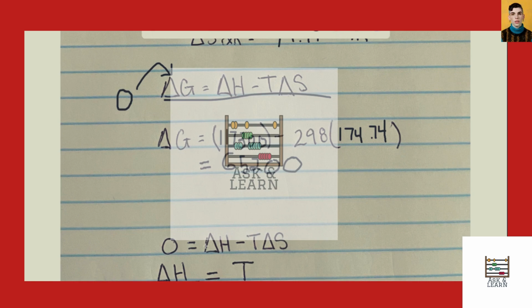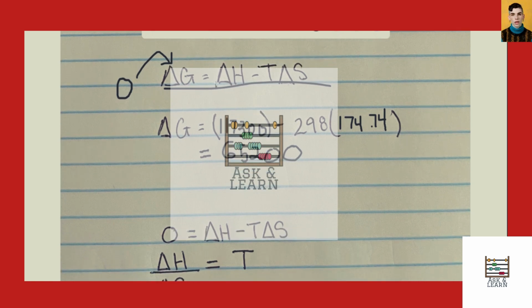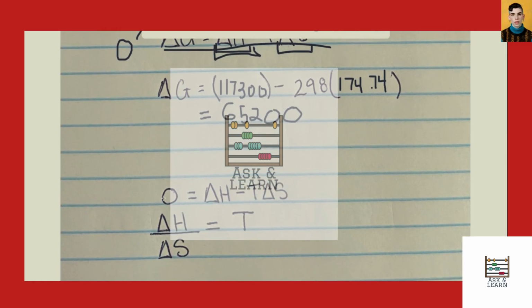Since we know both delta H, our enthalpy, and delta S, our entropy, we can solve for T, making sure that our delta G value is 0, and we get T equals delta H divided by delta S. Plug those values in again: 117,300 divided by 174.74.